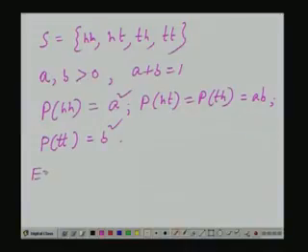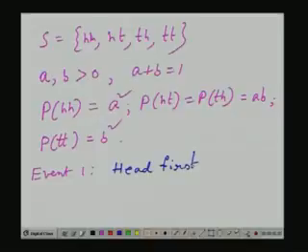Okay. So, event 1, head first, meaning HH, HT.